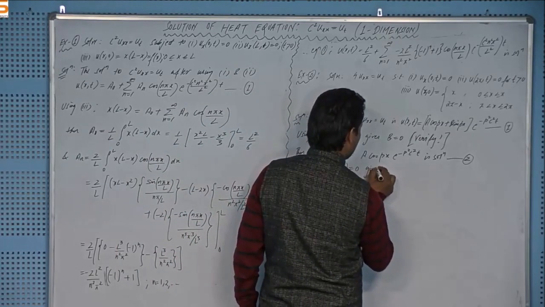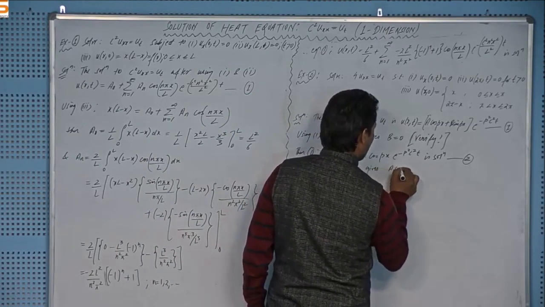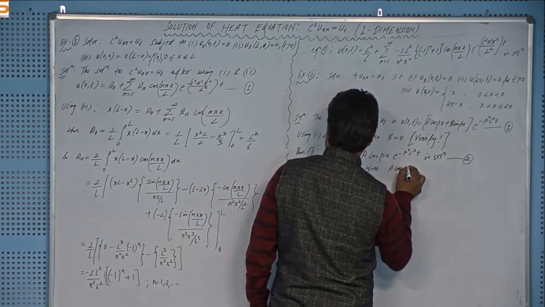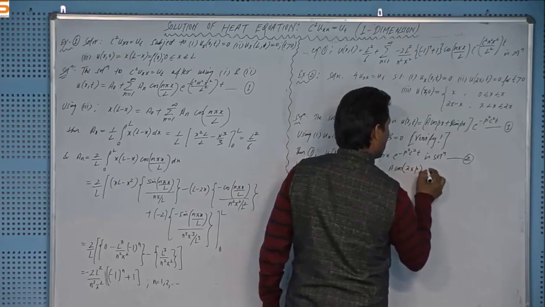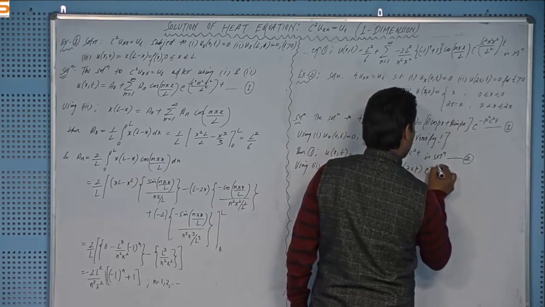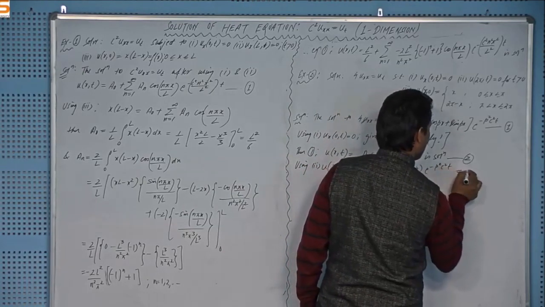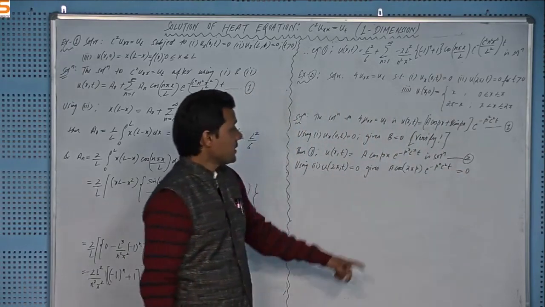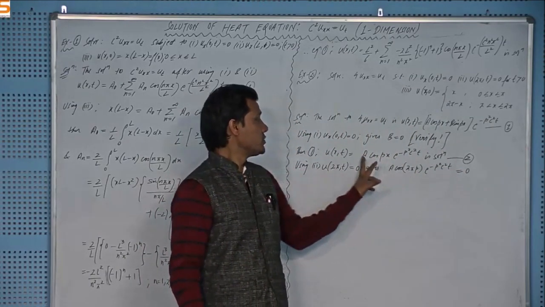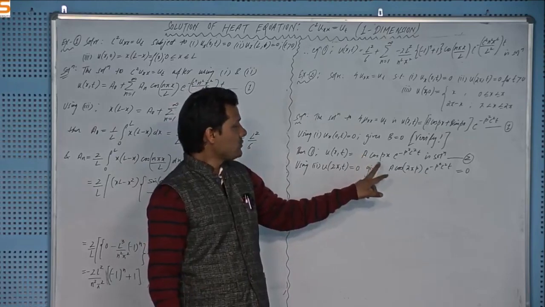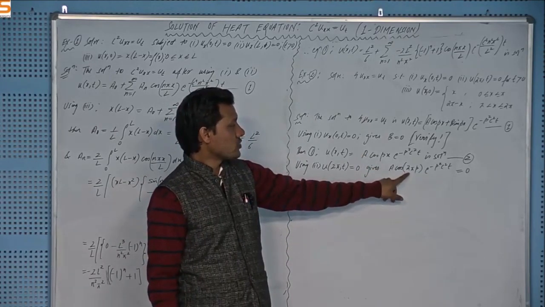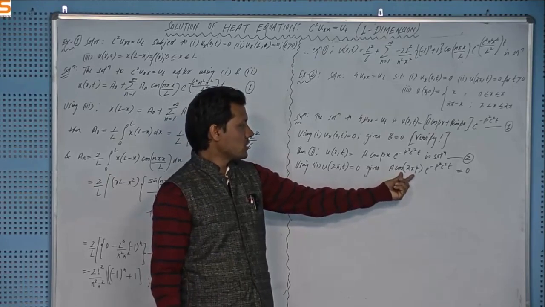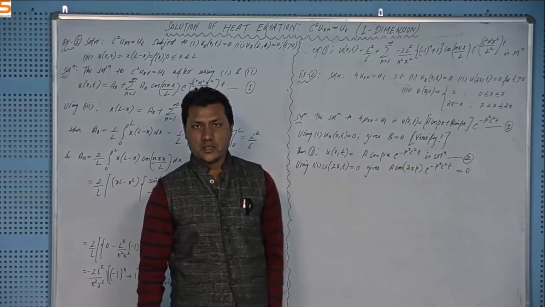This gives a cos 2 pi p e to the power minus p square c square t equal to 0. Now you can see that if you take a is equal to 0, that will produce a 0 solution from equation number 2. So cos must be 0, and then we'll get the value of p in terms of n.